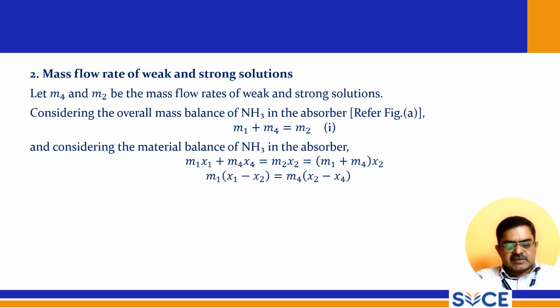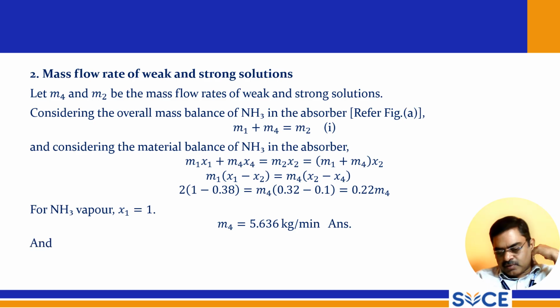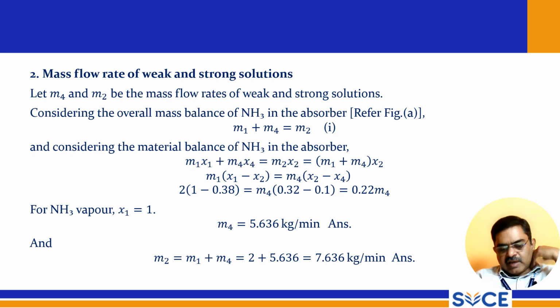So by balancing this, M1 into x1 minus x2 equal to M4 into x2 minus x4, so this is equal to 0.28 M4. So for NH3 vapor x1 equal to 1, and M4 becomes 5.636 kg per minute. So this is the mass flow rate of the weak solution. So that is M4, and M2 is equal to M1 plus M4.